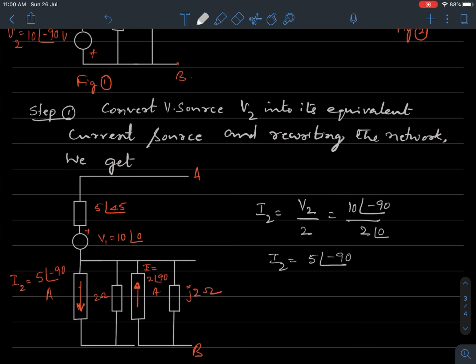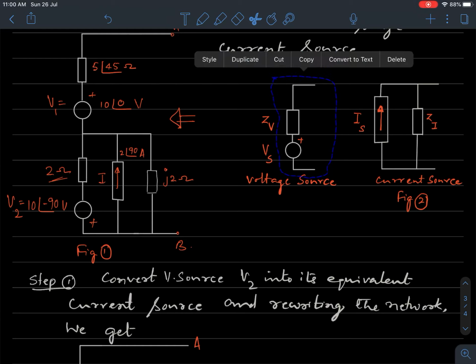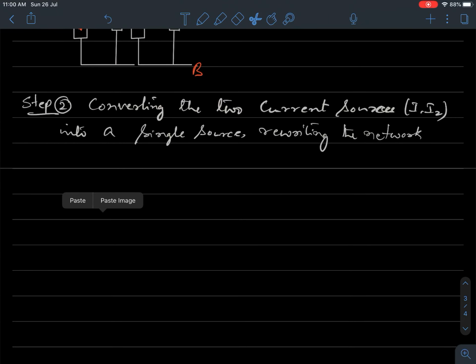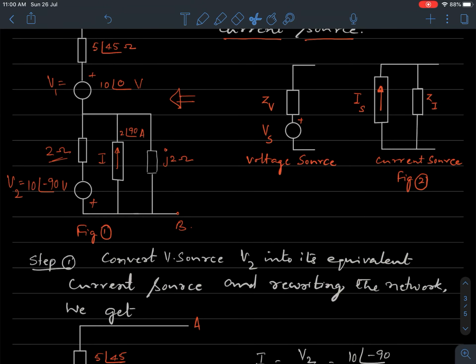How will the rewritten network be? I will try to take the same sources. So this is for my easy writing of the diagram. I have drawn these sources so that I can copy and paste here. I'll take this current source also and paste.